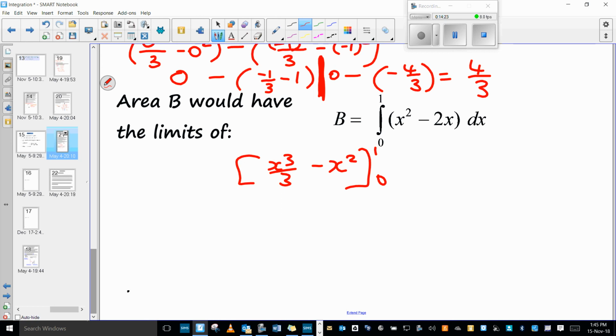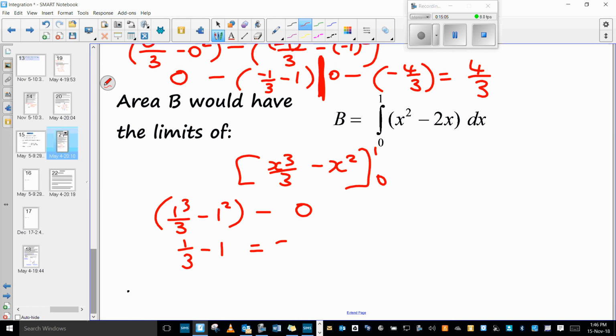This time it's between 1 and 0. So we've got 1 cubed over 3, subtract 1 squared, and when we stick 0 in there it's 0. So that's 1 cubed over 3, which is 1/3. 1/3 subtract 1 whole 1 gives us negative, you're starting with a third and you're subtracting 1.